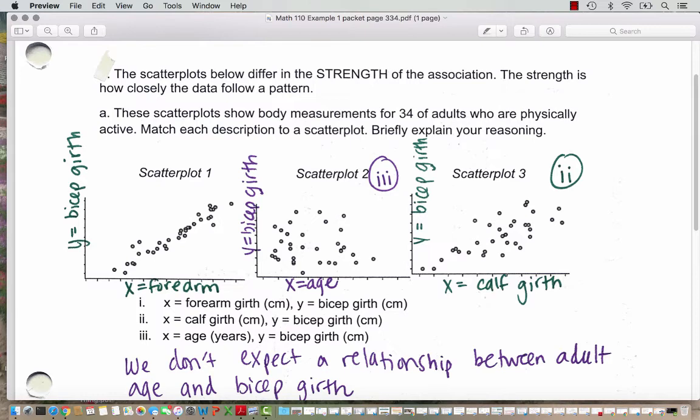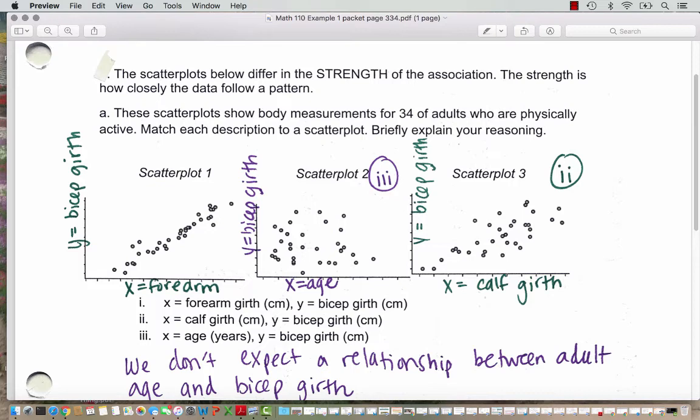So scatter plot 2 is going to match scenario 3 here, where we don't expect there to be a relationship between age and bicep girth. On scatter plot 2, I wrote that x is the age and y is the bicep girth for the units, and I put that this matches scenario 3 up here.